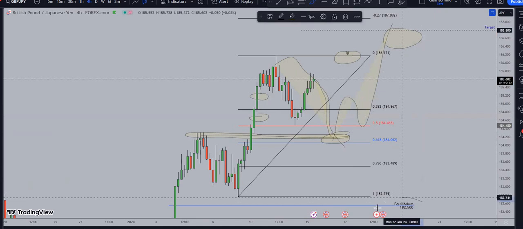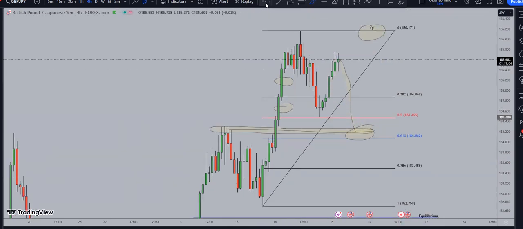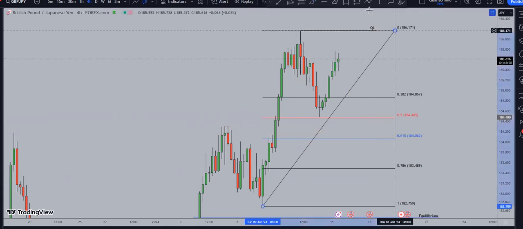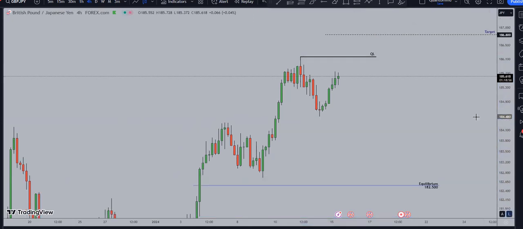But remember, the asking price is 182,500. So with that being said, that's what I have for GBP Japanese yen.